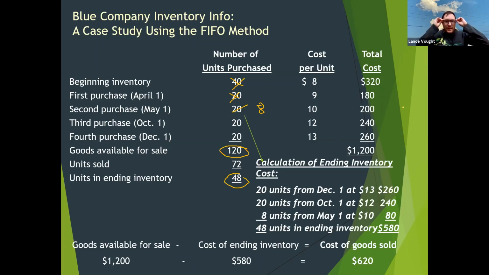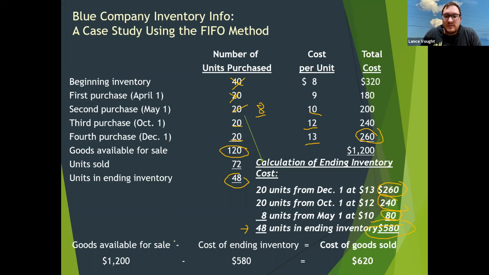And then those remaining units are the ones to which we attribute the cost of the inventory. So since we have 8 left over from May that were $10, we say that that was $80. These 20 times 12 is $240. These 20 times 13, $260. And we add them all up, there's 48 units: 20, 20, and 8.